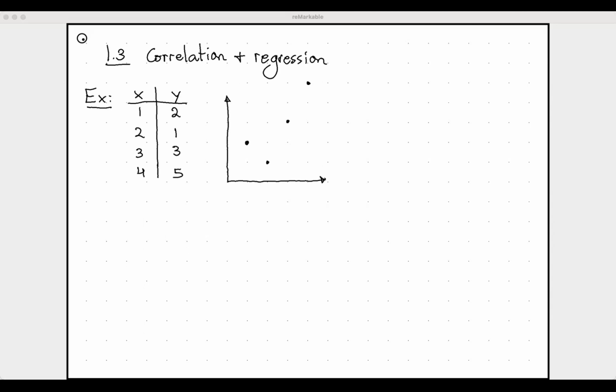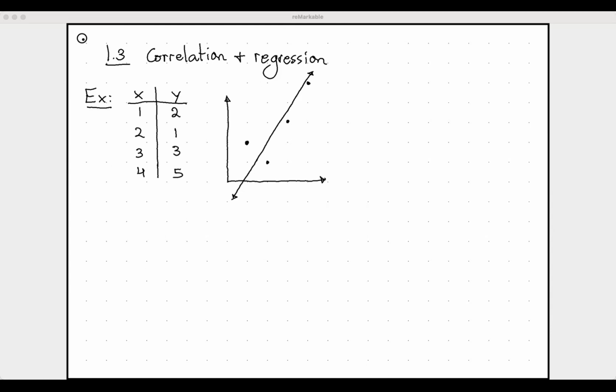Okay, and if we had to guess, a best fit line might look something like this, right? A line that follows the data closely. Let me extend it a little bit here. I guessed this line by looking at the data and seeing if I could get the line as close to all the points as possible.